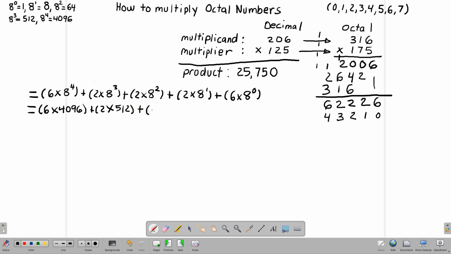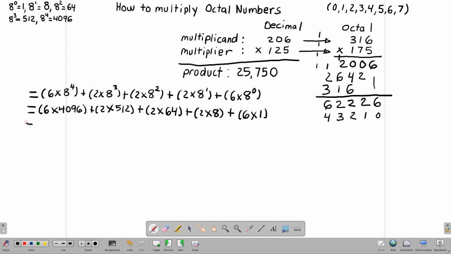Then 2 times 8 to the 2nd power, which is 64. Then 2 times 8 to the 1st power, which is 8. And then 6 times 8 to the 0th power, and anything to the 0th power is 1.